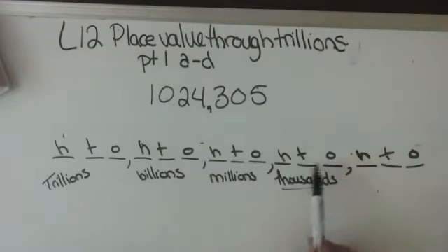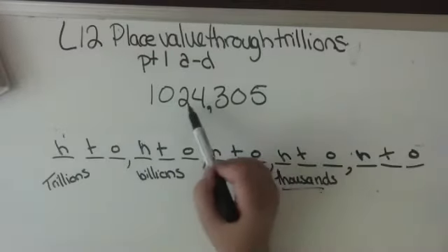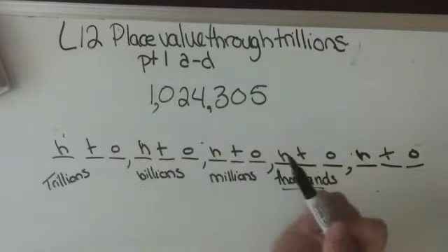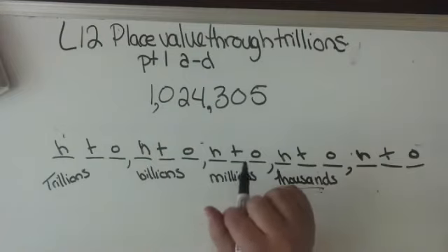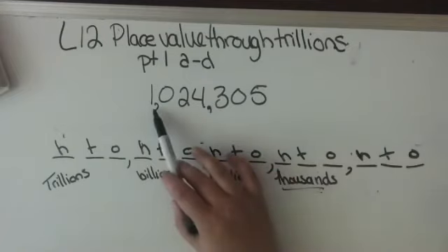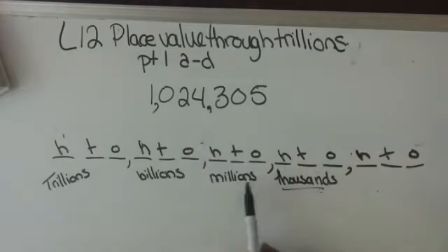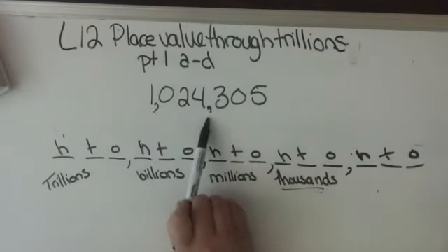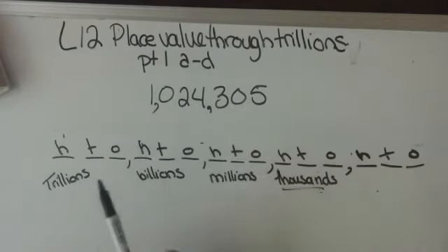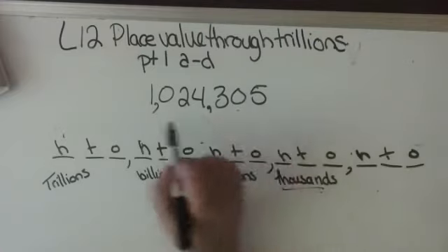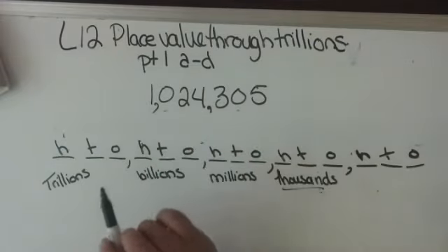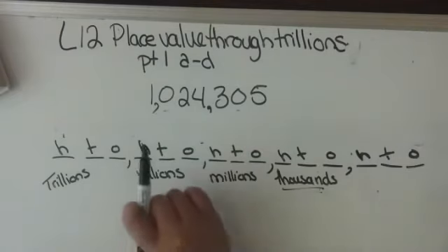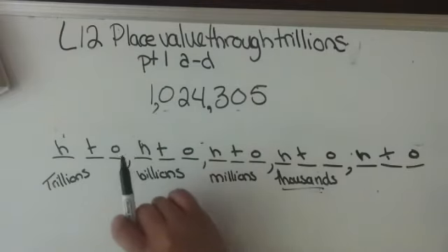And again, 1, 2, 3, comma. This now tells us what we need to say. We have 1 million, because there are two commas, second comma is millions, 1,024,305. Remember, if there's a zero there, you don't say that place. It's just a placeholder. That's the zero's purpose: it holds the place, saying there could be a number here, but there is not now.